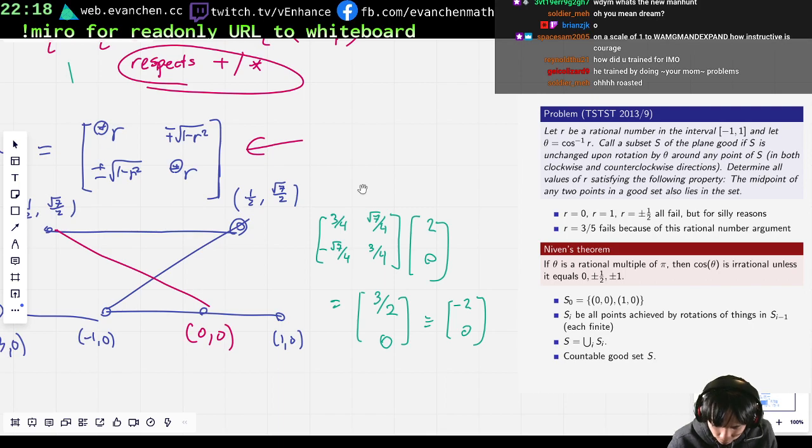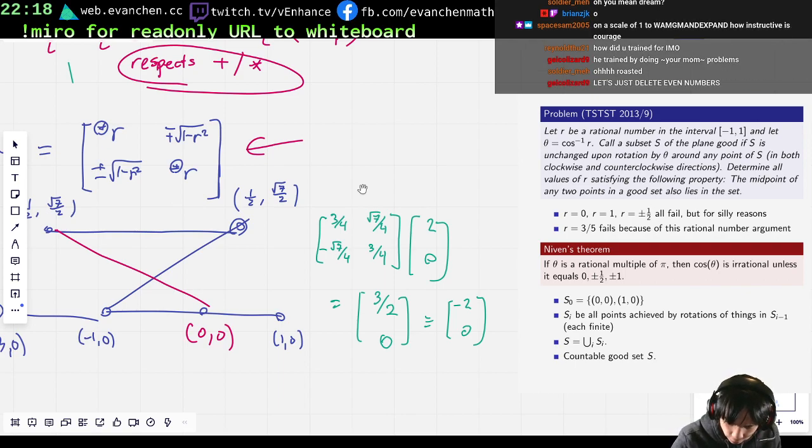Okay, wait, actually maybe this might explain what's going on. So these guys are congruent mod 7.